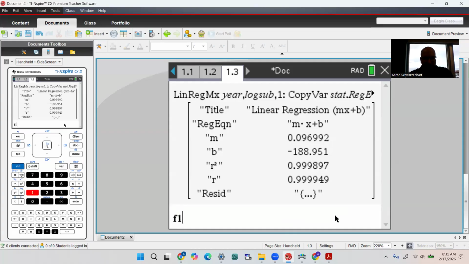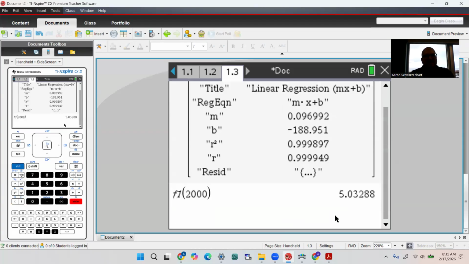But if I want to plug in a value, I can just use function notation. Now, the unfortunate part is that still returns the logarithm of that.